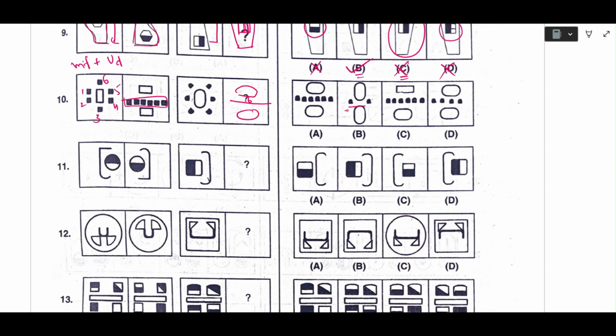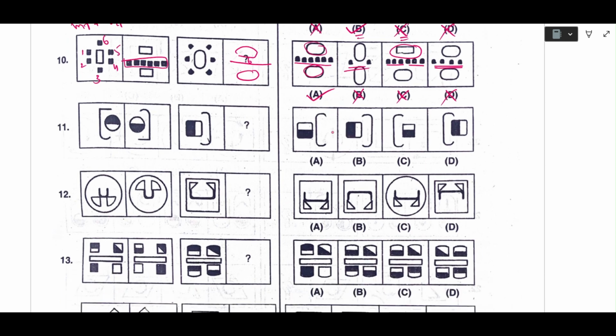Here we have only 2 short figures, so eliminating this. Here we have 1 2 3 4 5 6 figures, but this one is different from this shape, so we are eliminating C. Here the figures are not 6, so eliminating D. The correct answer is here, where we have 6 small figures and also these 2 figures up and down. So A is our correct answer.